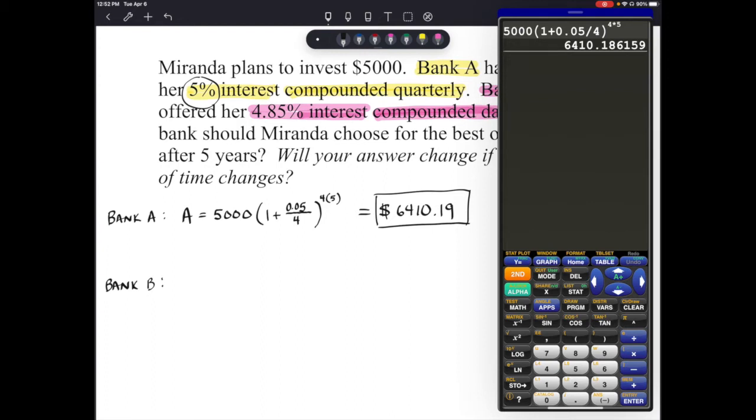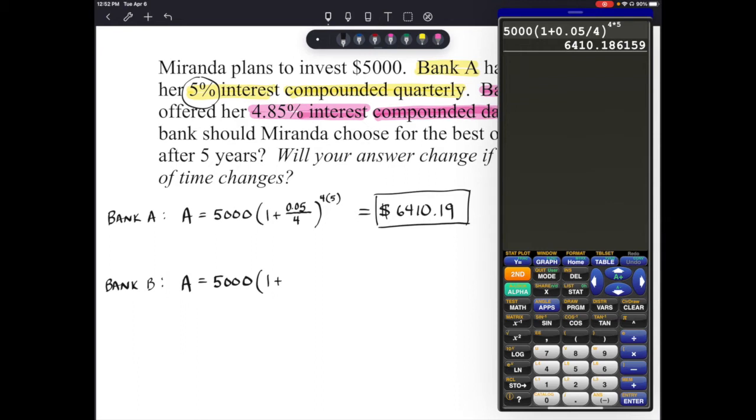Let's try Bank B. Her initial amount was still $5,000, but in this case, her interest rate was 4.85%. That would be like saying 104.85%.